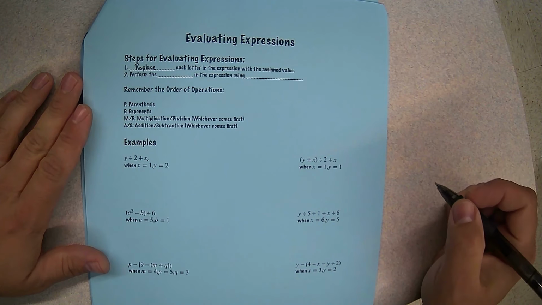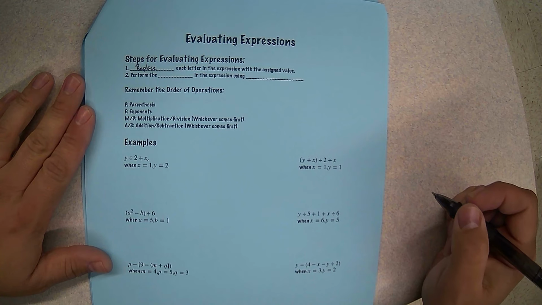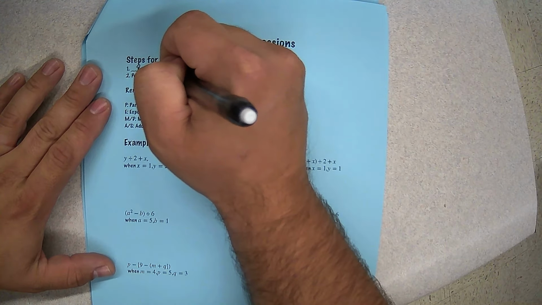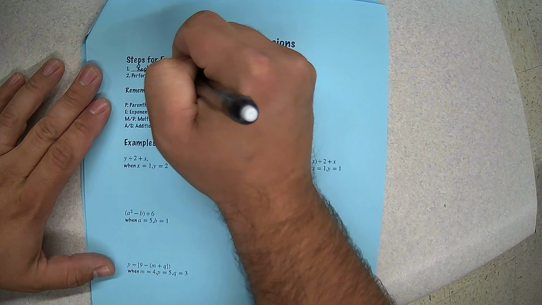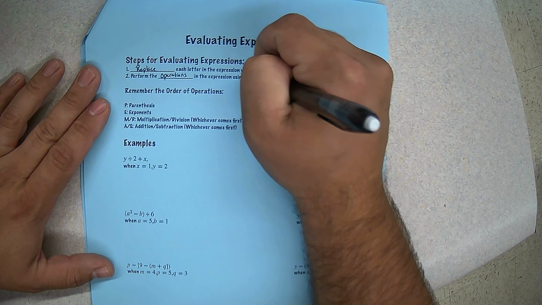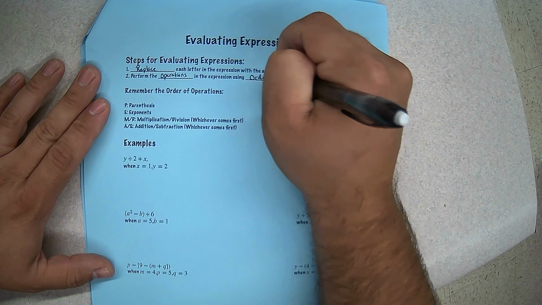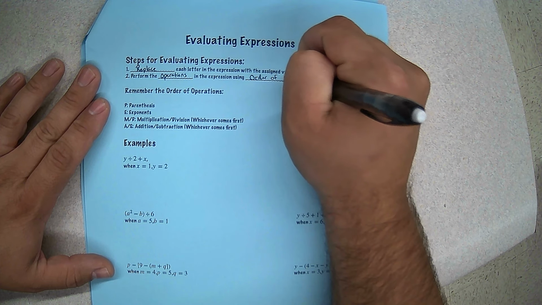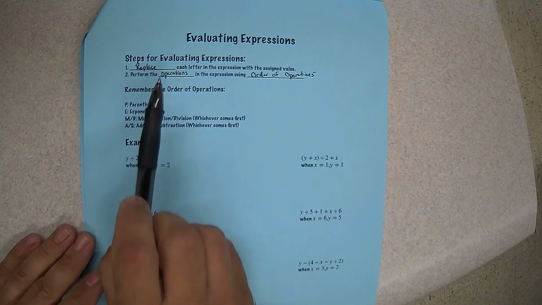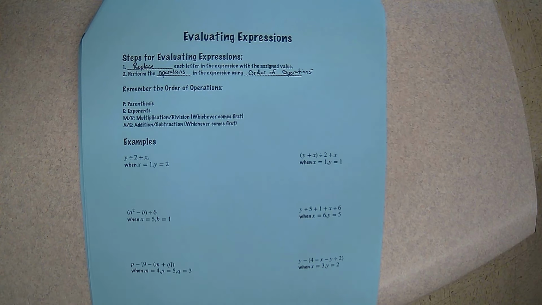Then we're going to perform the operations in the expression using the order of operations. So all we do is this one little step before where we replace the letters, and then all we do is the order of operations.